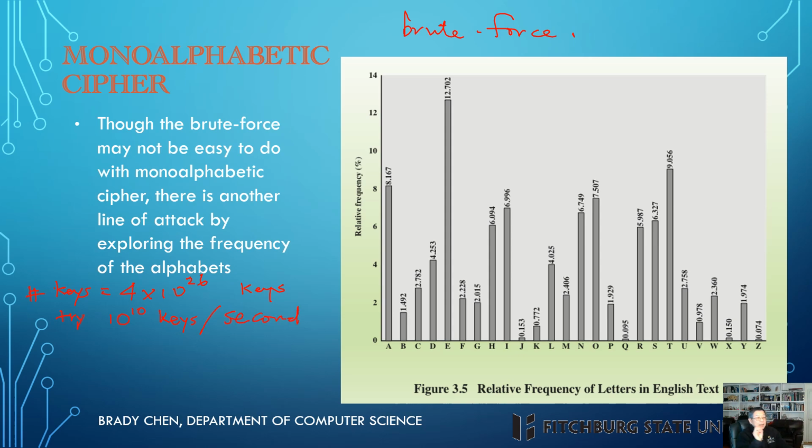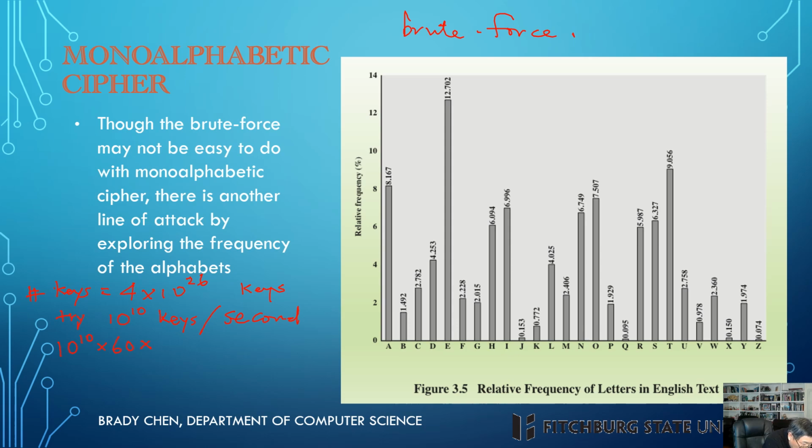Now in each second I can try 1 billion keys. So now let's see how many keys I can try in 1 minute. In 1 minute, that's 1 billion a second times 60, because 1 minute is 60 seconds. So 10 to the 10 times 60. That's the number of keys I can try using the brute force attack in a minute.